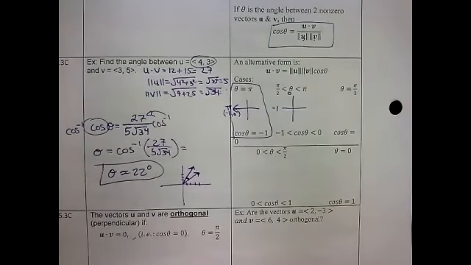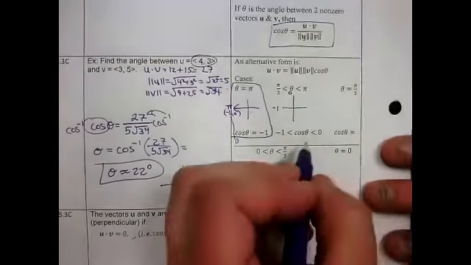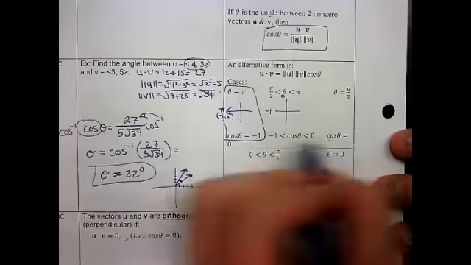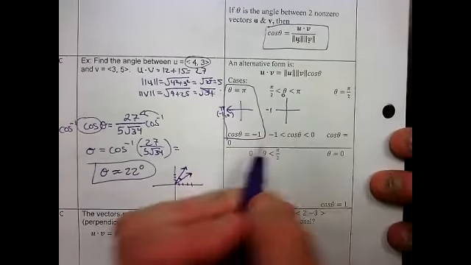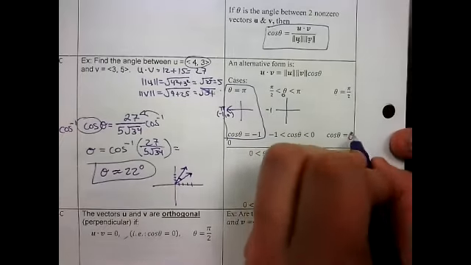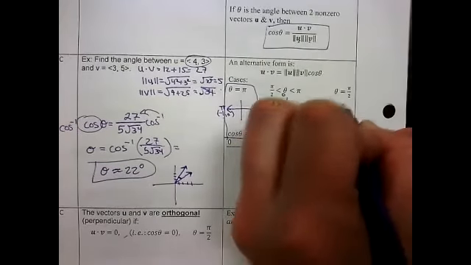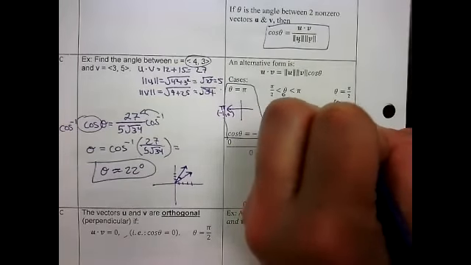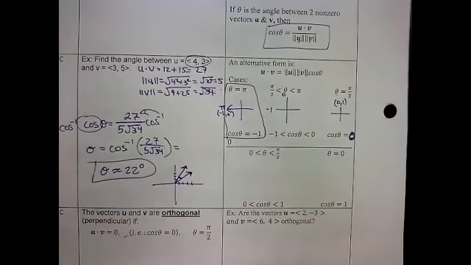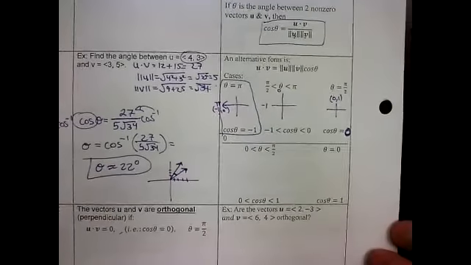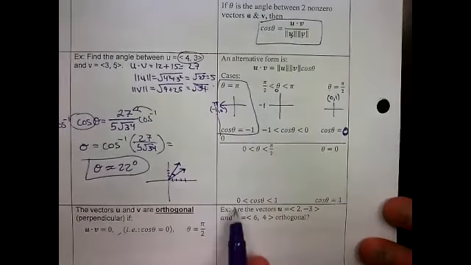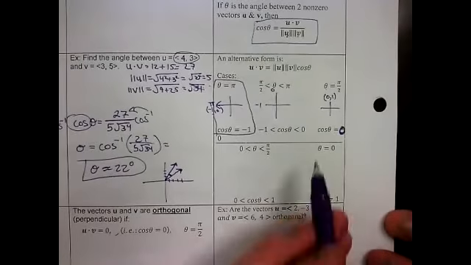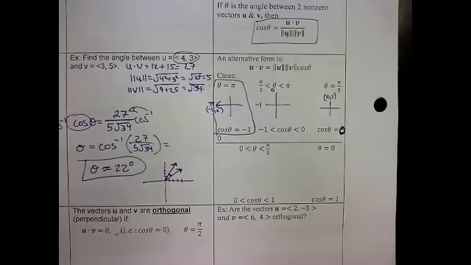If theta is pi over 2, then cosine of theta equals 0. Between 0 and pi over 2, cosine is between 0 and 1, and if theta is 0, then cosine of theta is 1.